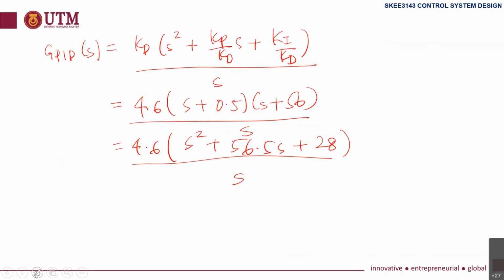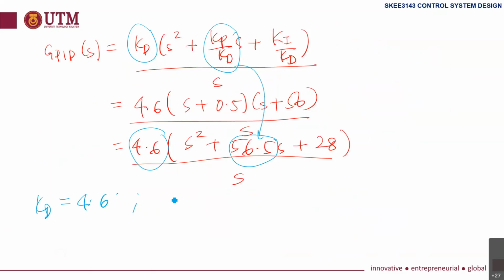If we write in this form, then we can equate KD is 4.6, right? KP over KD, we can equate here. KP over KD is 56.5. Then we can get KP by multiplying with KD, 4.6.